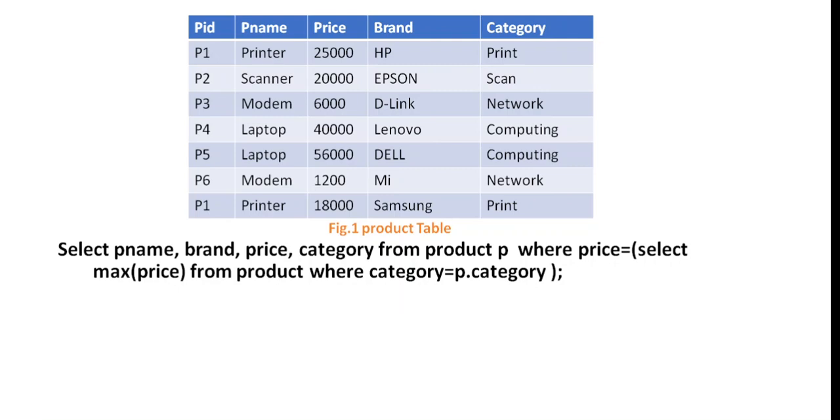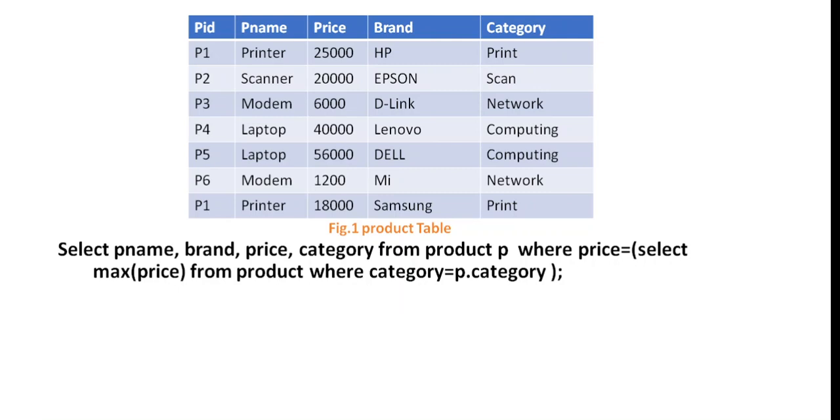See, I have two printers here. P1 is a printer, whose category is print. Again, another printer is there, category is print. Both have different brands and both have different prices. For one printer I have a 25,000 price, and for the second printer I have an 18,000 price.